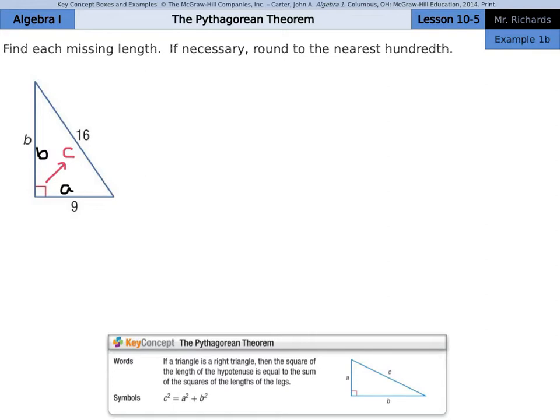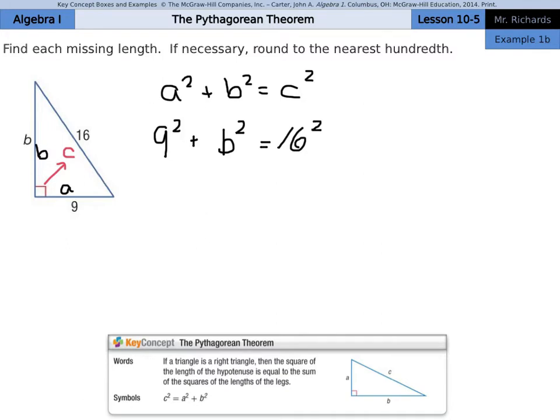If we start off with the Pythagorean theorem, a squared plus b squared equals c squared, notice in this question we're missing one of the legs. So we'll substitute our numbers in, 9 for a. We do not know our b, so we can just leave that b squared, equals, this time we know our c, it's 16, so 16 squared.